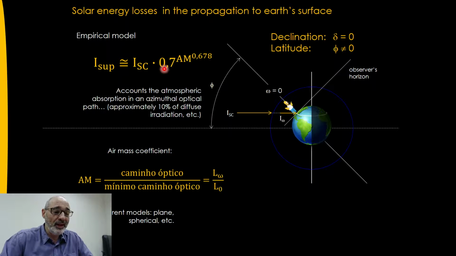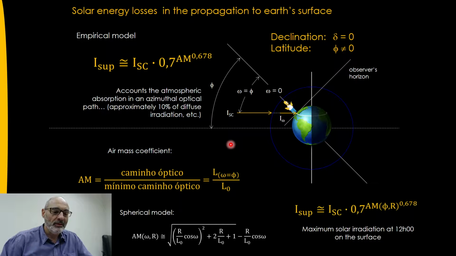The empirical formula is the same. What we have to do is calculate the actual optical path, and this is simple actually. If you recognize that this angle here is the same as this one, things become very simple.